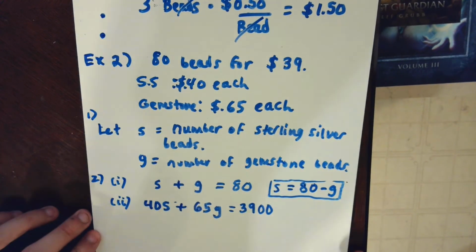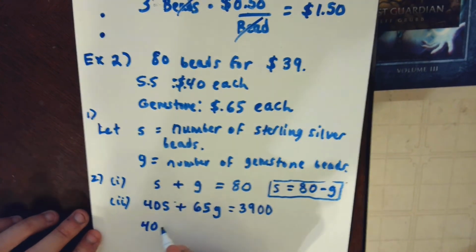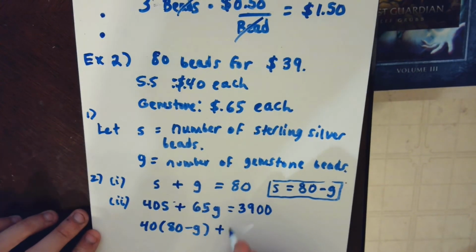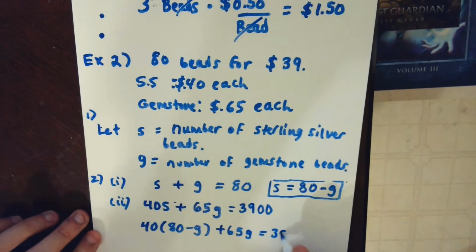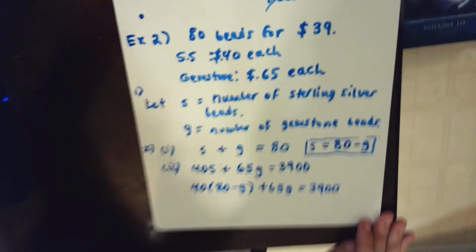This is the substitution method. So instead of S, I write 40 times 80 minus G plus 65G equals 3,900.